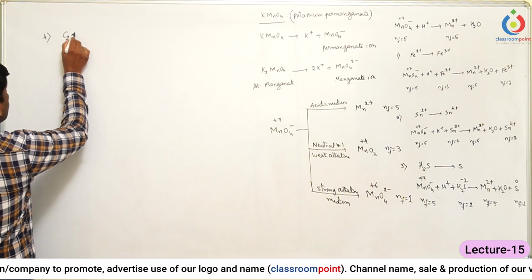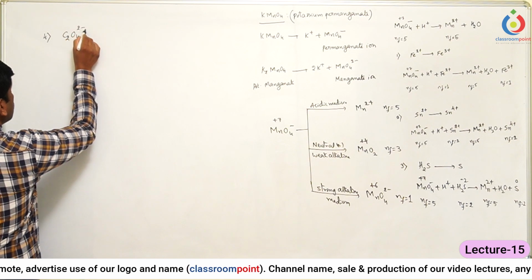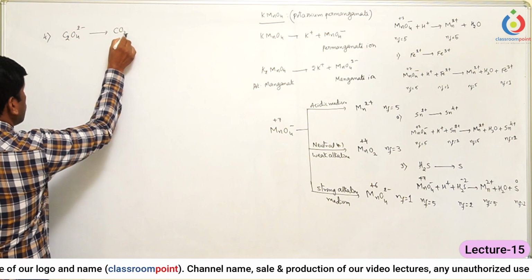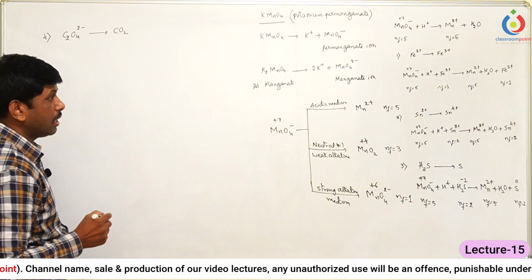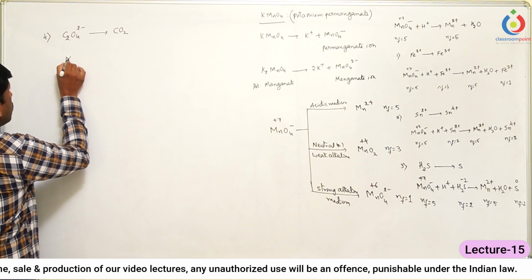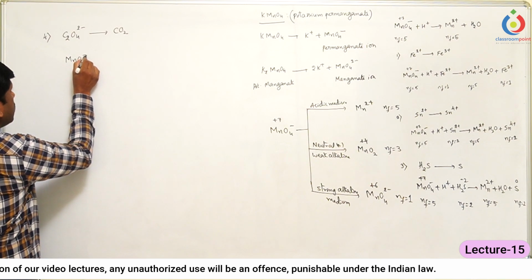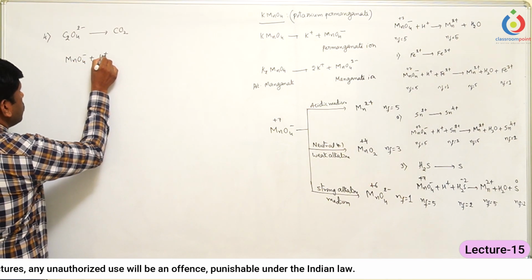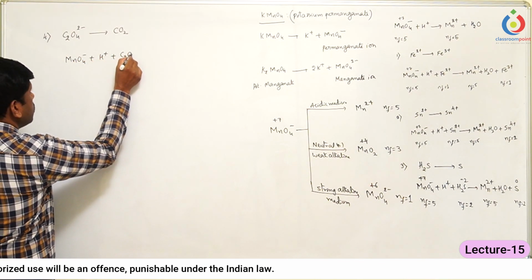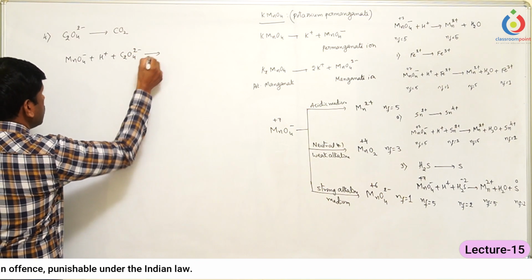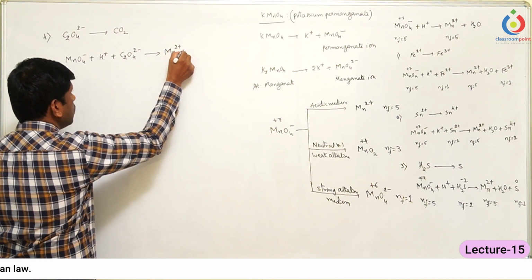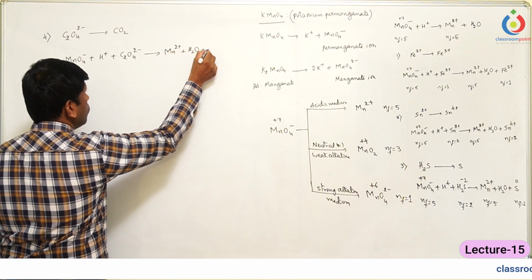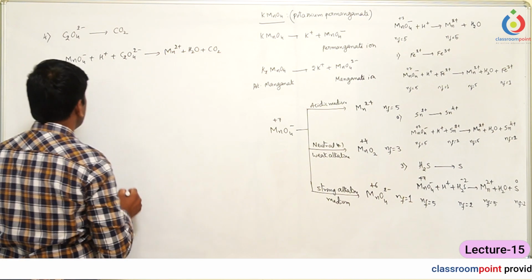Number 4, oxalate ion changes to the carbon dioxide by potassium permanganate in acidic medium. Then write down MnO4 minus plus H plus plus C2O4 2 minus giving Mn2 plus H2O plus CO2.